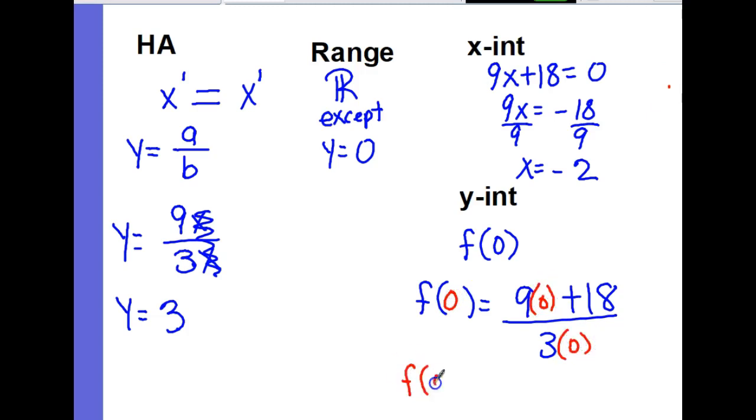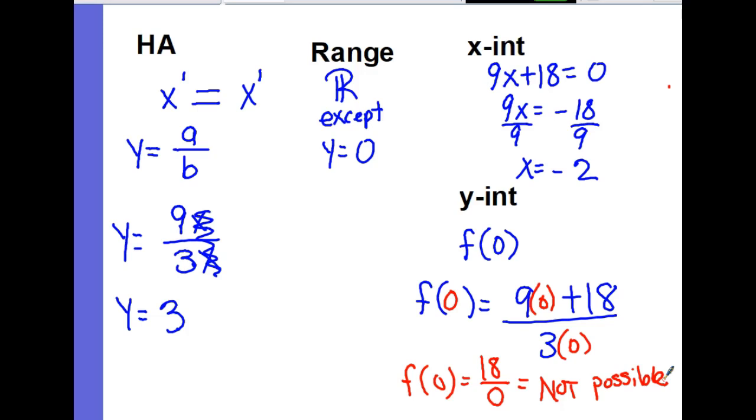So this would be 18 divided by 0. What is 18 divided by 0? You cannot divide by 0. So that would be not possible. There is not a y-intercept.